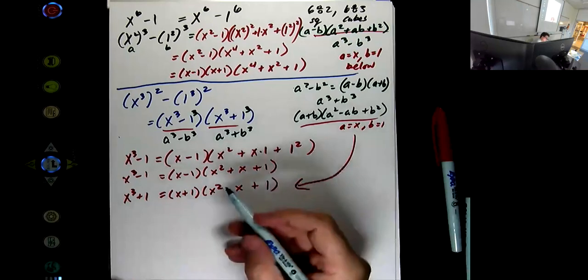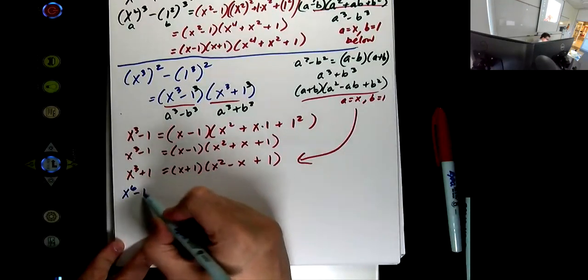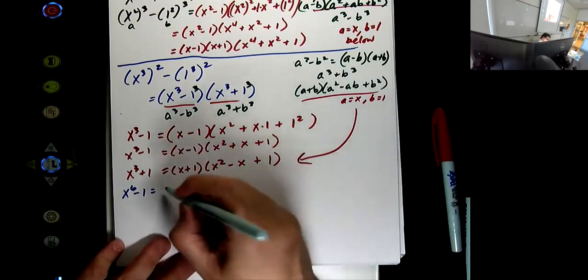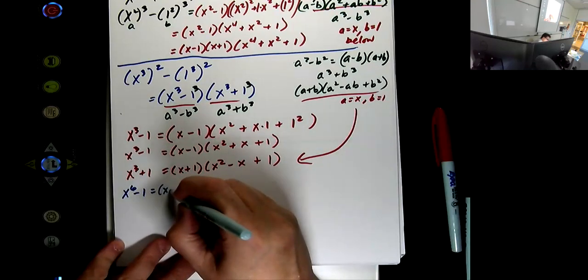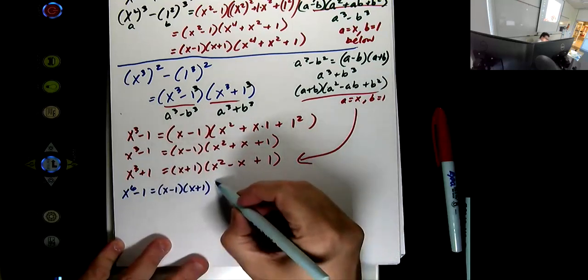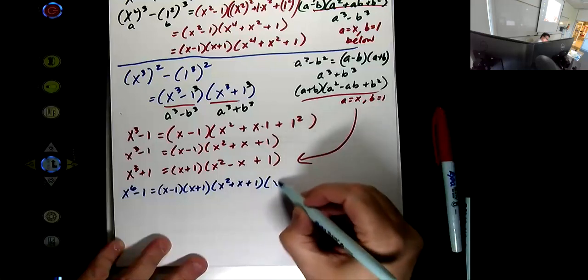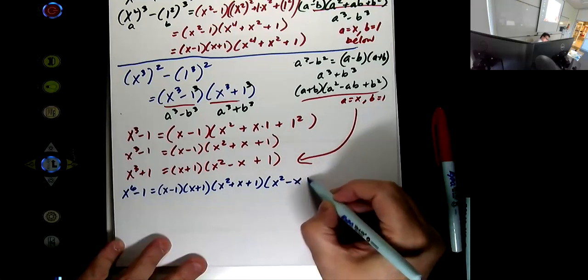So we can put this all together and say x to the 6th minus 1 factors into, I'll do the little ones first, x minus 1 and x plus 1, and then we had x squared plus x plus 1 and x squared minus x plus 1.